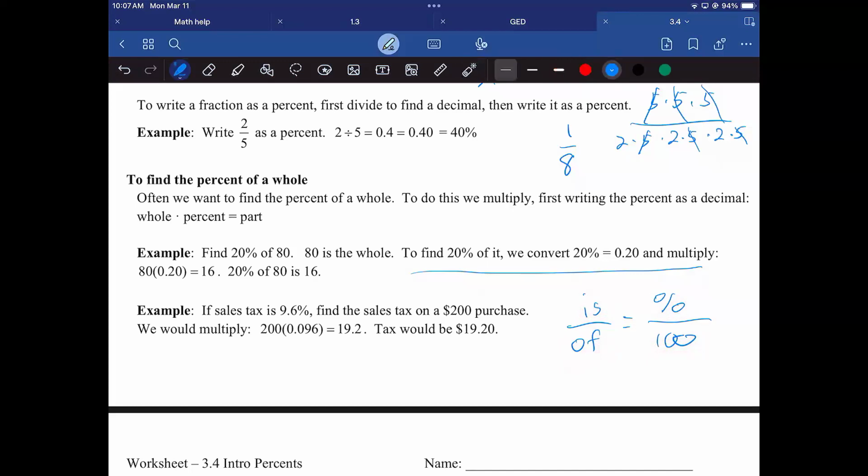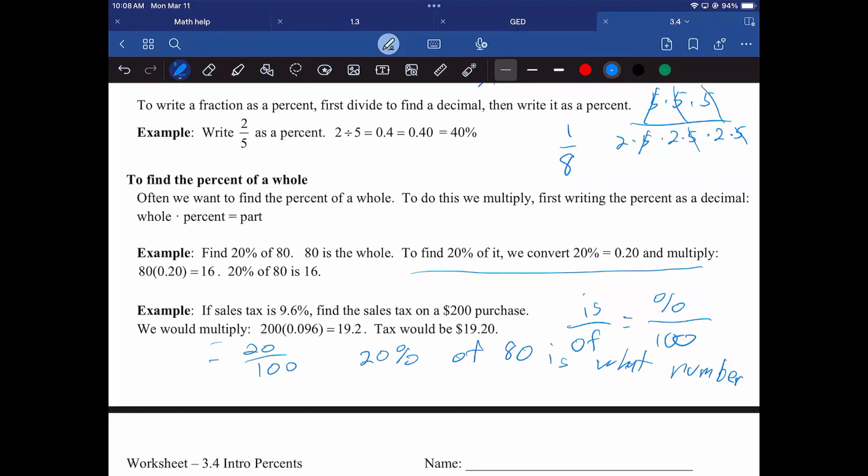So now it says find 20% of 80. So I say, all right, 20% of 80 is what number? And so now I'm going to say, I know my percent, 20 over 100. I know my is what?